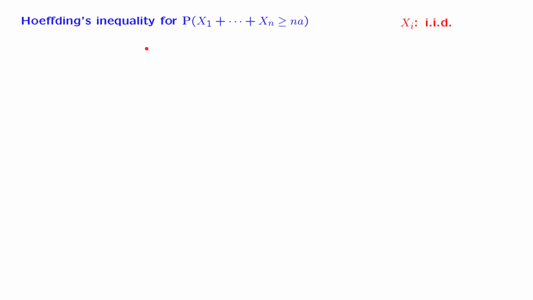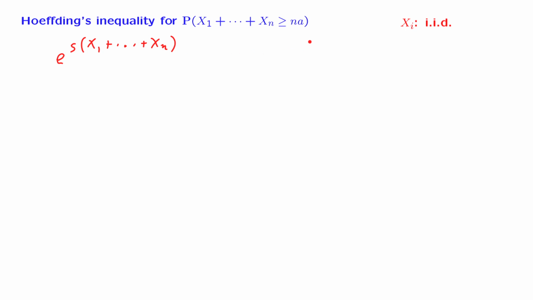The derivation relies on a beautiful trick. Instead of looking at this event here, we're going to look at the following equivalent event. Let us fix some number s. We're going to leave the choice of s free for now.